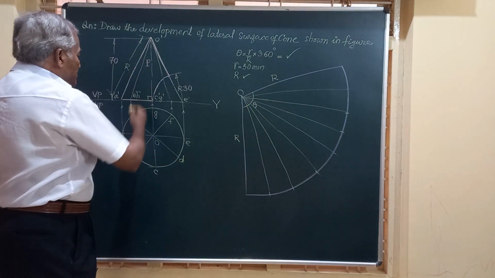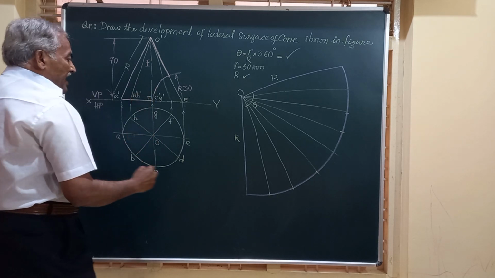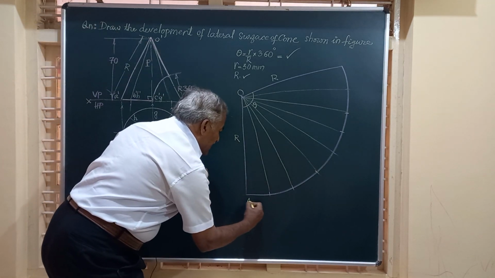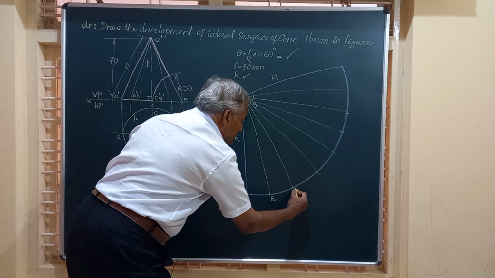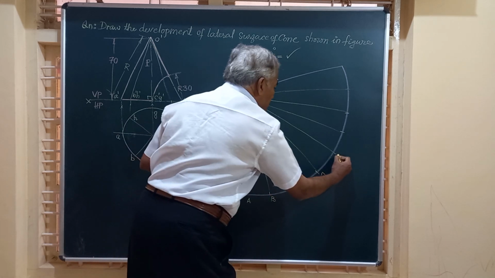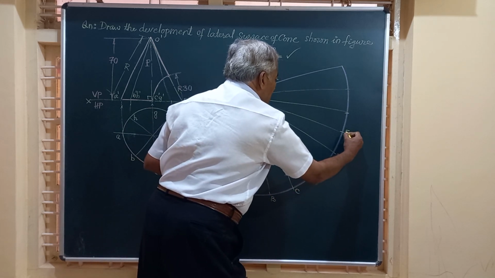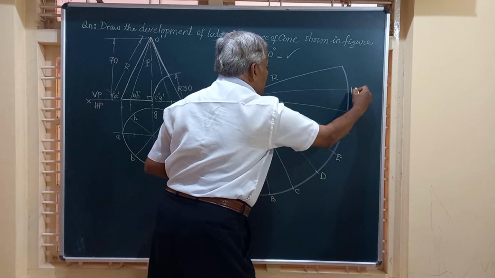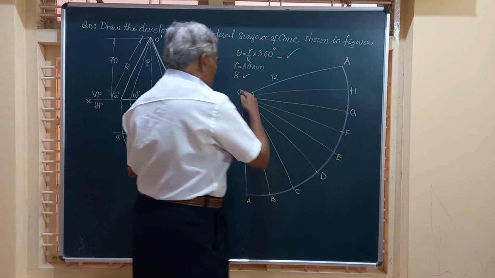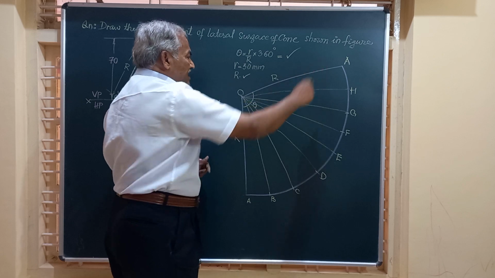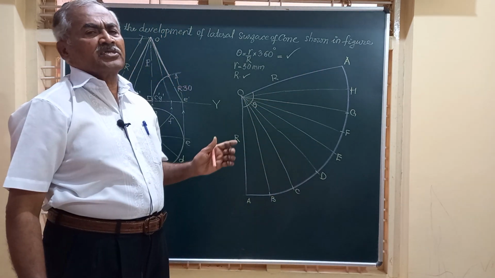And friends, let us start numbering these as capital A, B, C, D, E, F, G, H and A, because the starting line and the end line should have the same marking.